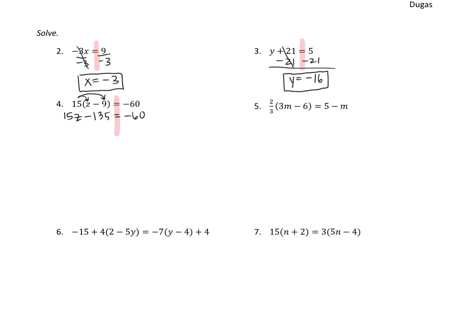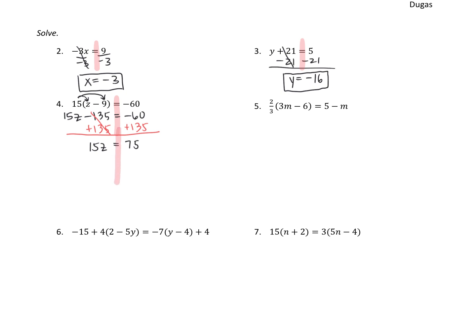Now that I've simplified the left-hand side, I can start trying to undo everything away from the z. So I would add 135 to both sides, and that would give me 15z equals, so 135 and a negative 60 gives me 75.